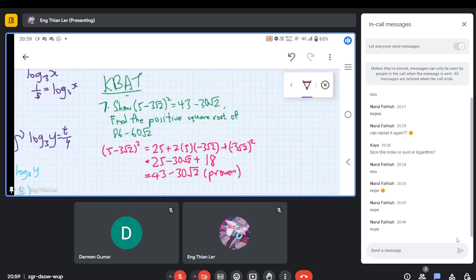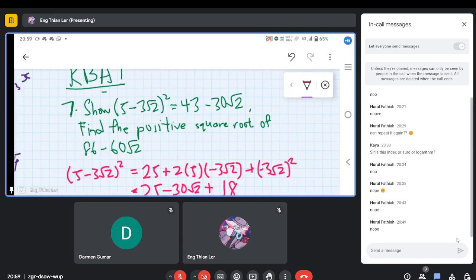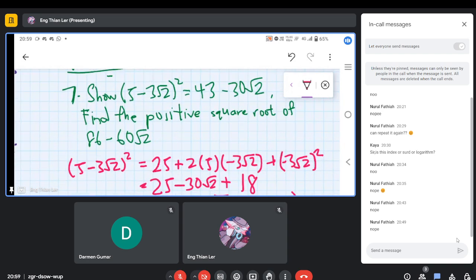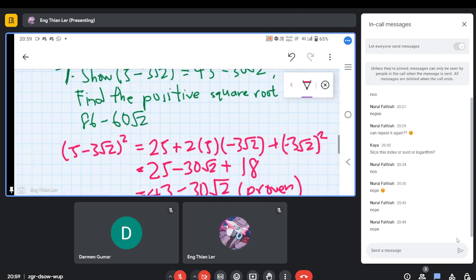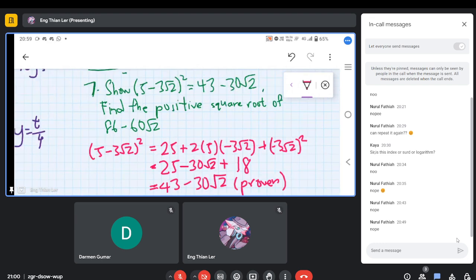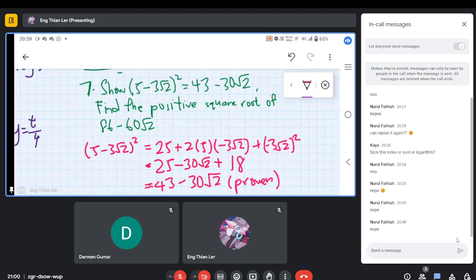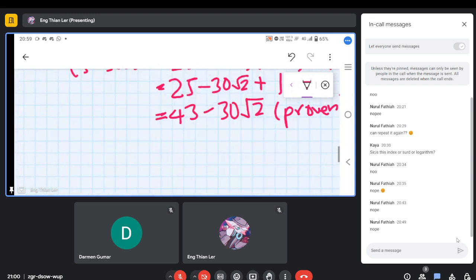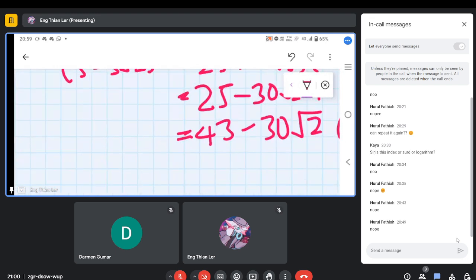So the hardest part is literally just to find the positive square root of 86 minus 60 root 2. For this, it's pretty complicated, but I will explain it step by step. So we can look at this.